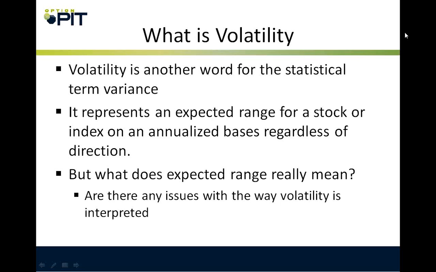So, for instance, if a stock has a volatility of 20% and it's trading at $50, in a given year it probably will move $10 or less in either direction. So it will end up somewhere between. Then, what is expected range?